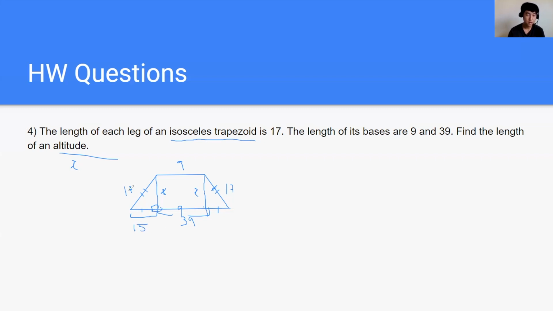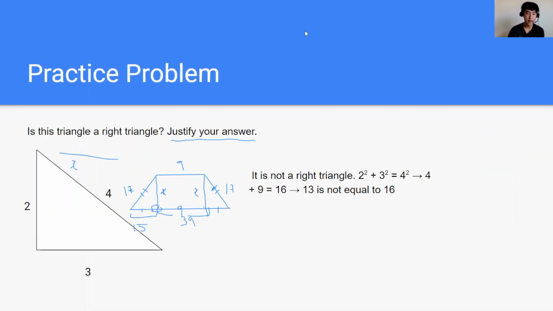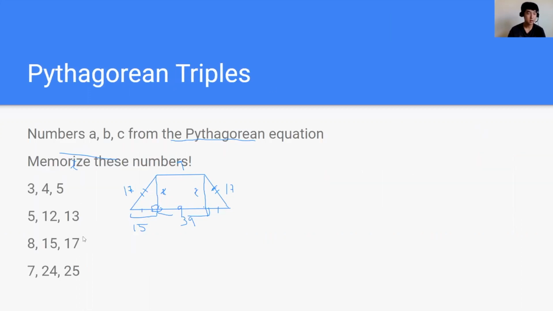Okay. So you can use a calculator, but I will not recommend it to find x because this is a Pythagorean triple. And we learned it, right? Okay, I'll go back here. This is the diagram, and this is the Pythagorean triples that we learned. 8, 15, 17.